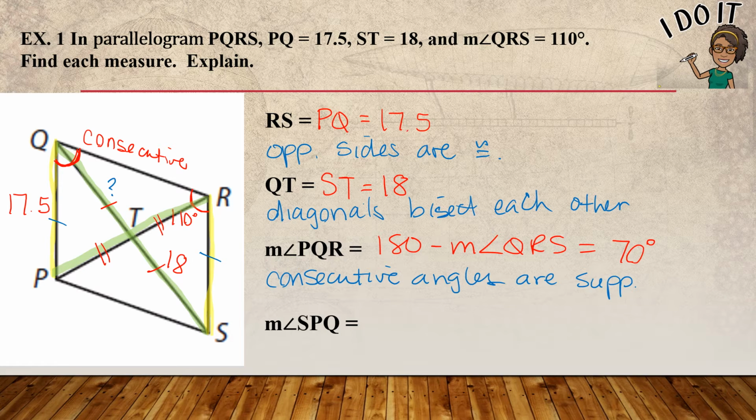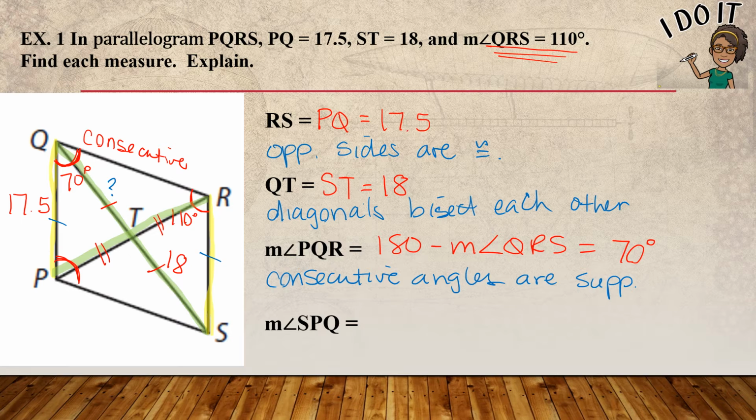Okay, let's look at the last one that we have here, which is the measure of angle SPQ. So SPQ is this angle right here. So we just said that PQR was 70 degrees. And I noticed that PQR is across from angle, oh, sorry, I got the wrong angle. SPQ is this angle right here. So let's backtrack. SPQ, I notice, is across from the angle that was given, which was QRS.